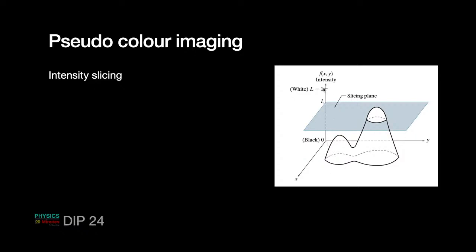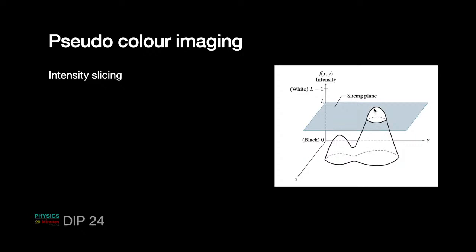The brightest is L minus 1, which is white. And you can have a plot of intensity versus position. What it is trying to show you is that I have a blob here and I have another blob. This blob is somewhat bright, because it has a little less gray. This blob is very bright.